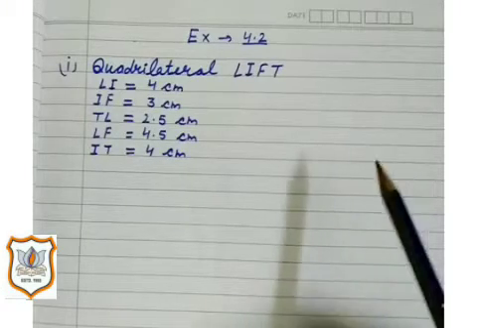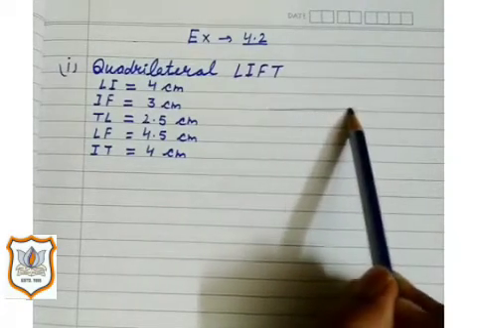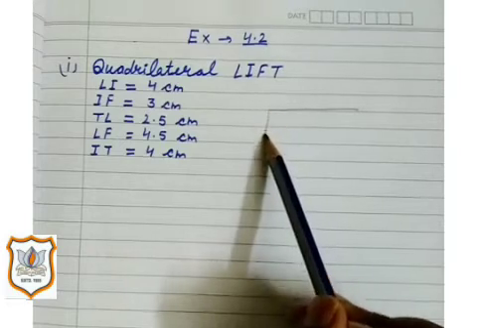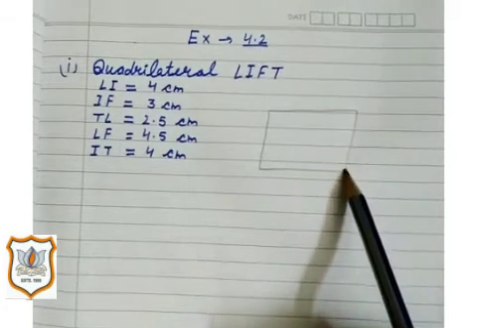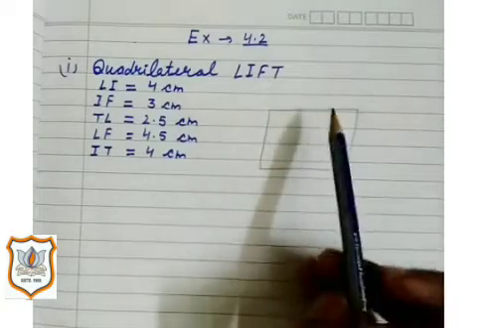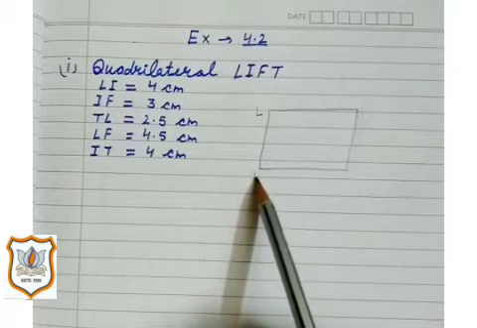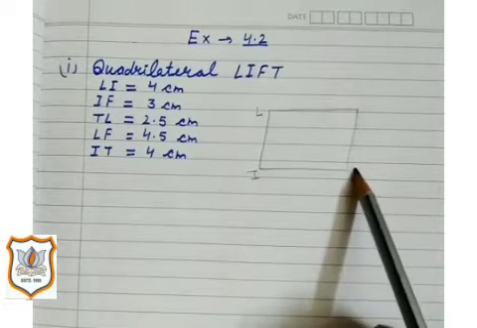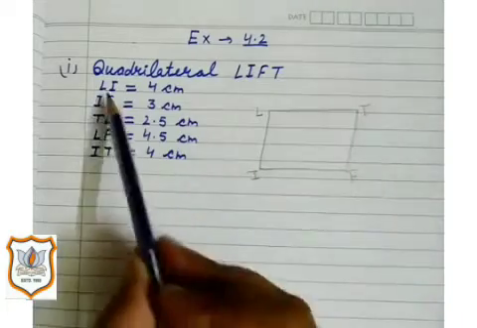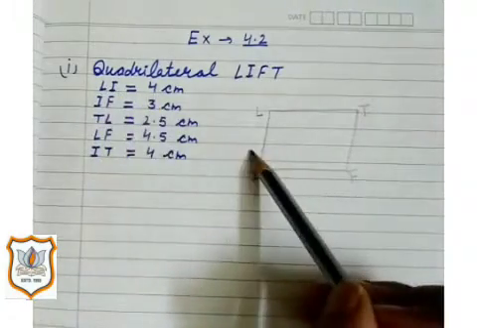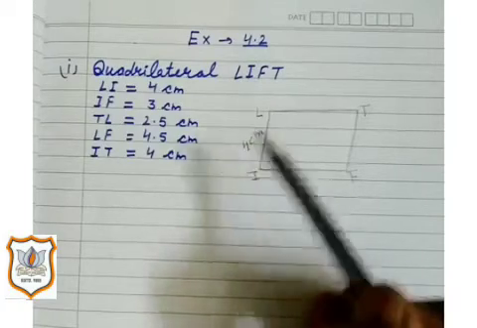Now, first we will draw a rough sketch. So this is the rough sketch. Now we will give the name LIFT. Here LI is given 4 centimeter, so we write 4 centimeter.